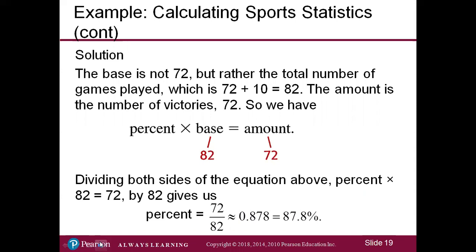Dividing both sides by 82 gives us that the percent equals 72 divided by 82, which is approximately 0.878, or 87.8%.